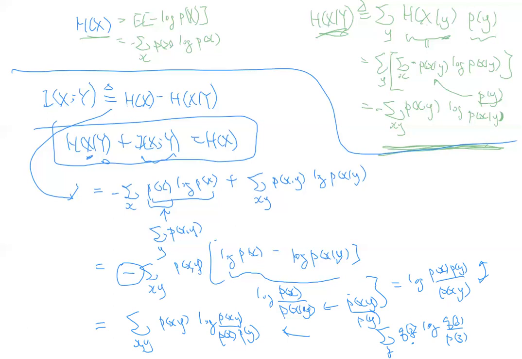You can think of x and y as a joint random variable, so one has the distribution p(x,y) and the other has the distribution p(x)p(y). There's a name for this: it's known as KL divergence. Some people also call it relative entropy.